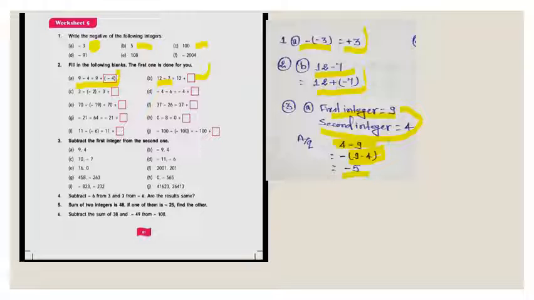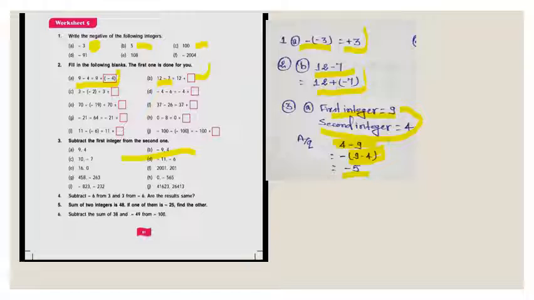Similarly, in every question of question number 3, you have to subtract one from the other, whether it is a positive integer, negative integer or 0. The answer doesn't matter, you just have to subtract as directed.